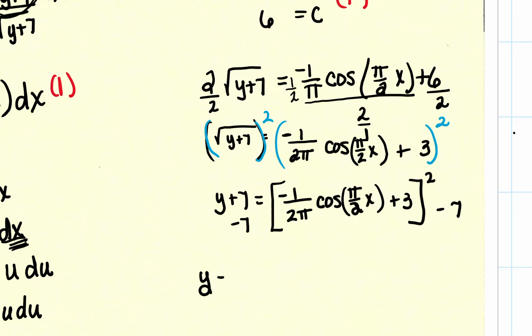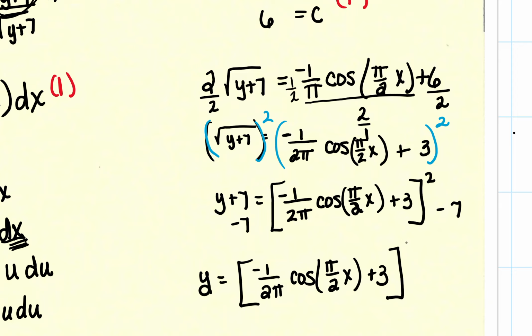And you have y is equal to negative 1 over 2 pi, the cosine of pi over 2x plus 3, quantity squared, minus 7. If you were able to solve this for y, give yourself another point.